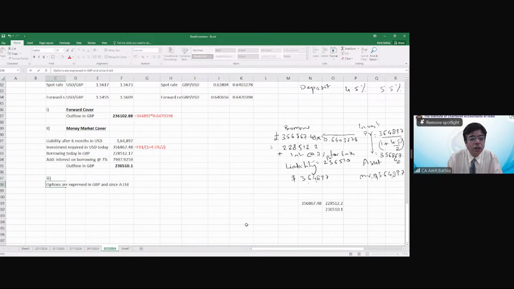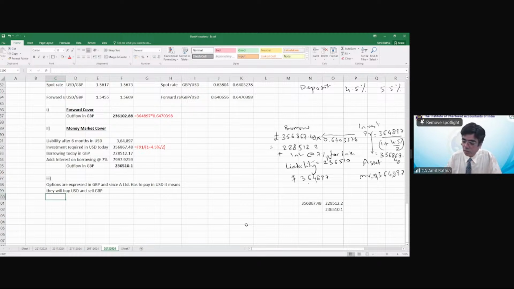Since A Limited has to pay in USD, it means they will buy USD and sell GBP.